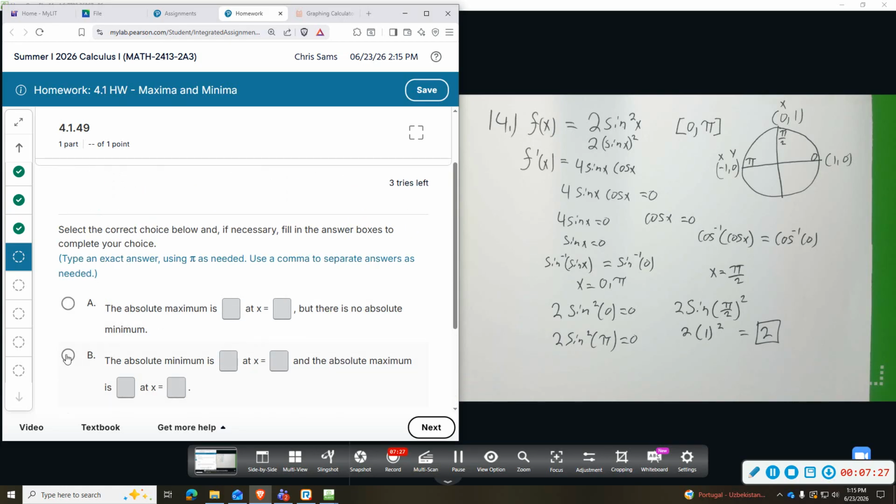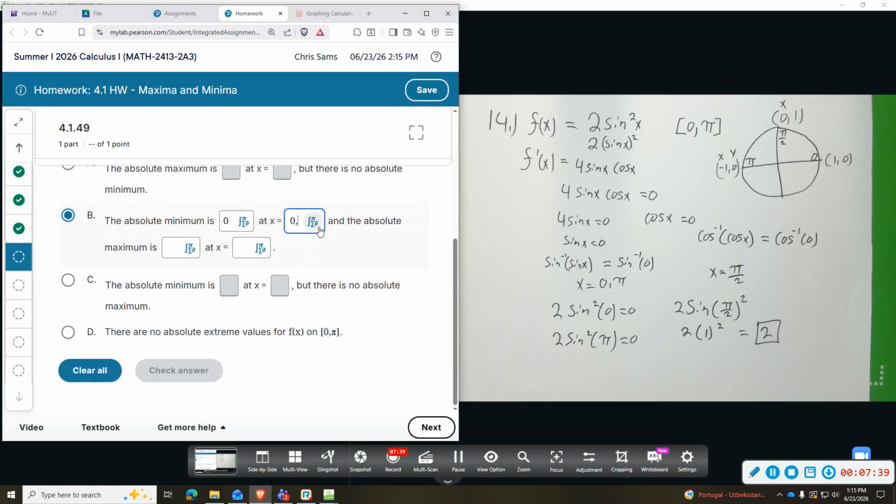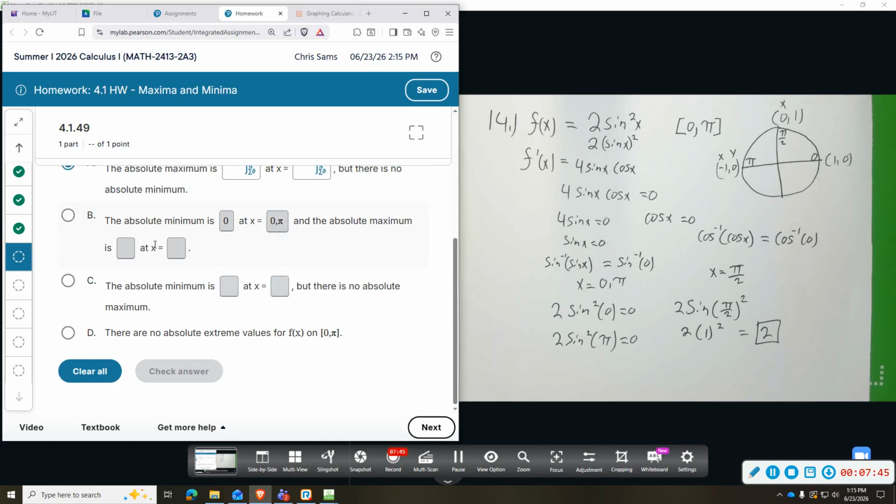Okay, so we want option B. Absolute minimum is 0, and it occurs at x equals 0 and pi. You separate those with a comma, and then the absolute maximum is 2, and that occurs at x equals pi divided by 2.